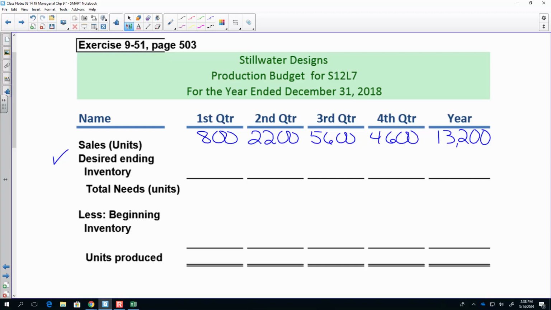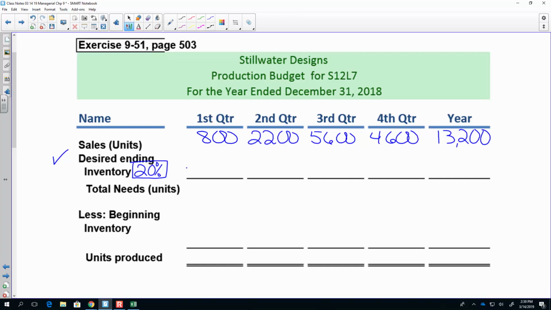So on page 503 then, it talks about the company's policy to have what percent of desired ending? 20. So if you're looking at your Excel project, you could have a cell that has the 20% or a percent number, because then you can cell reference that number in your formula.